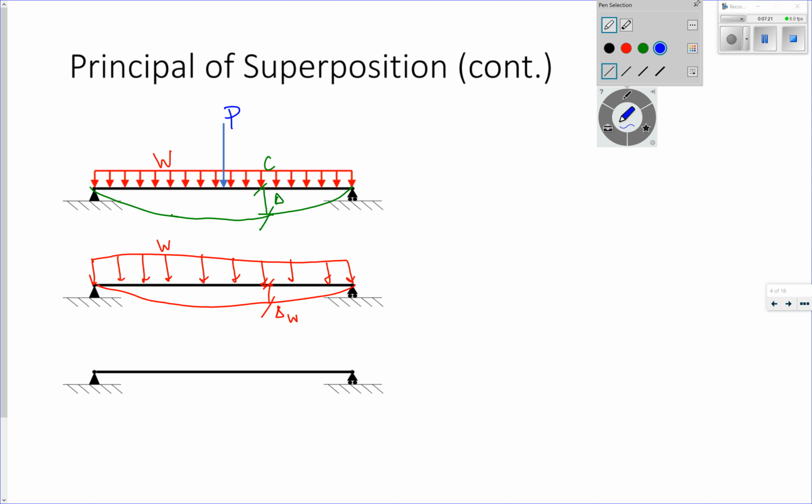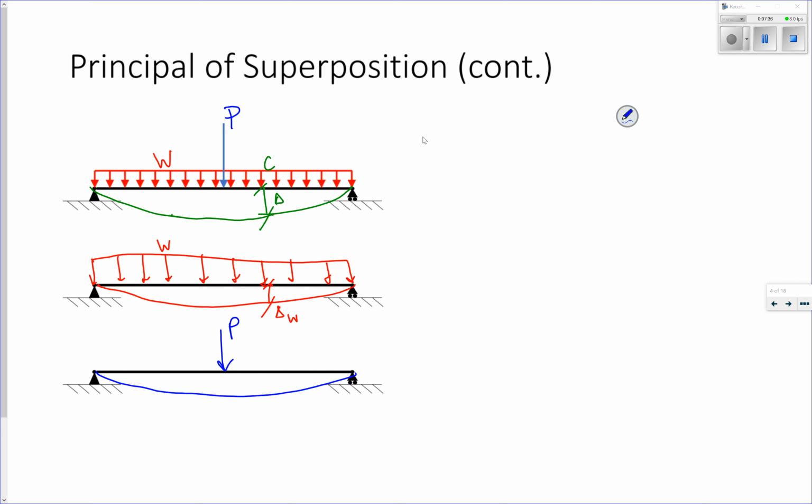And similarly, if I find the displaced shape of the beam under the concentrated load, I can find the deflection at C due to that concentrated load.